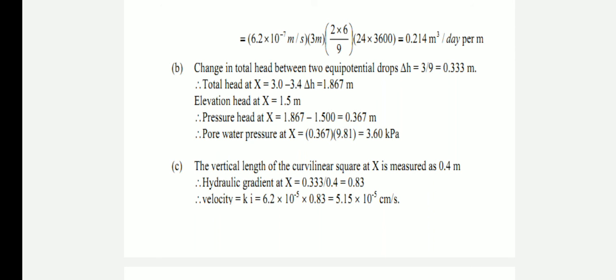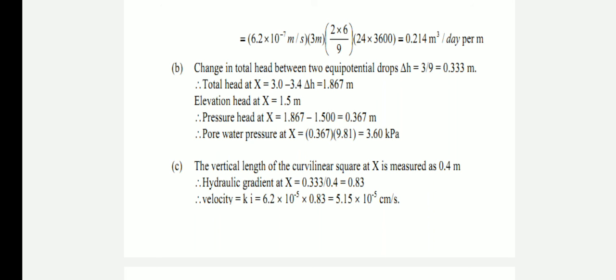So subtracting 1.867 minus 1.5 will give the pressure head at x, that is 0.367 meter. But for the pore water pressure at x, that is pressure head times 9.81, so 0.367 times 9.81 will give the pore water pressure, that is 3.60 kPa.